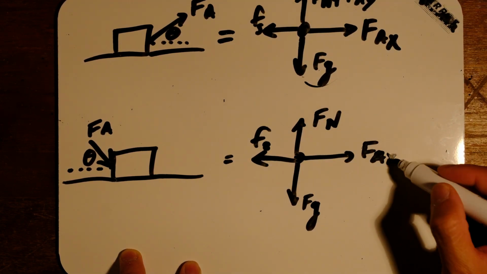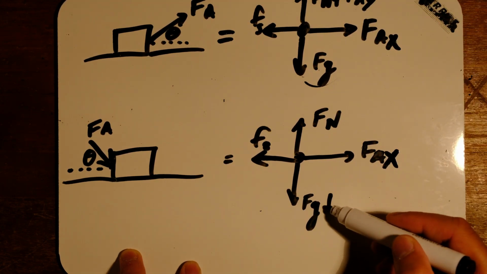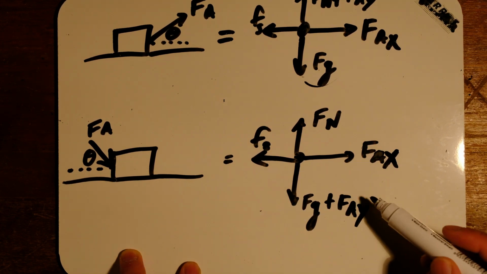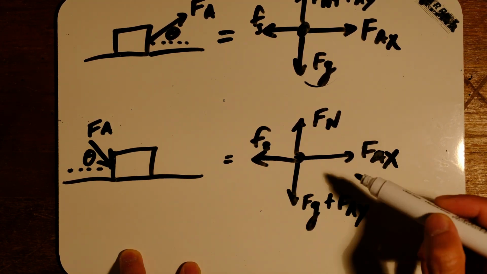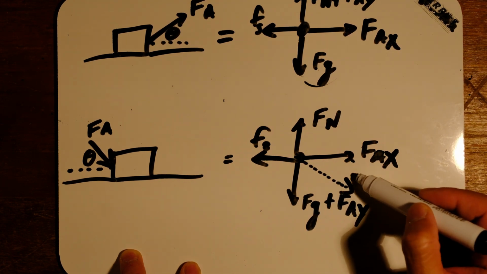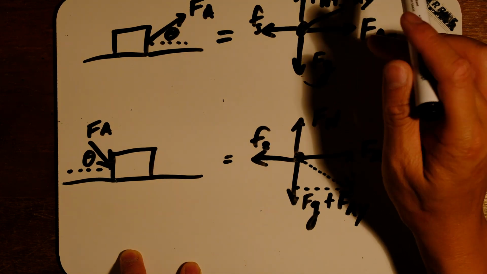So this is a static friction, by the way. Now, instead of our force FAY going to the top, it goes to the bottom, due to the fact that, again, we can break this main force into its two components.